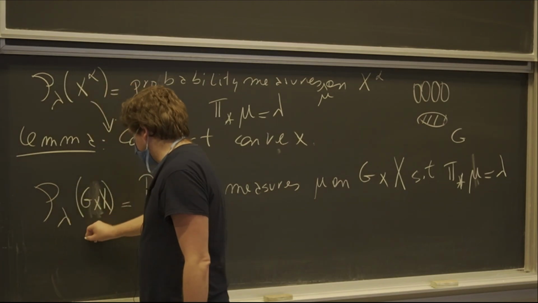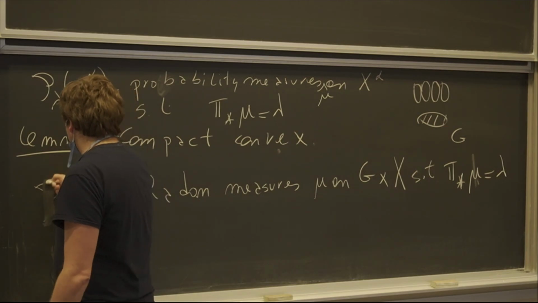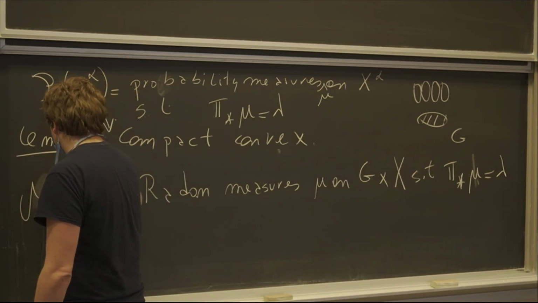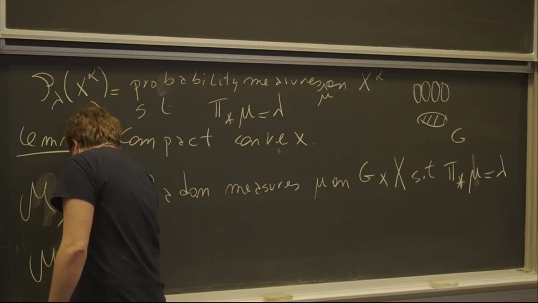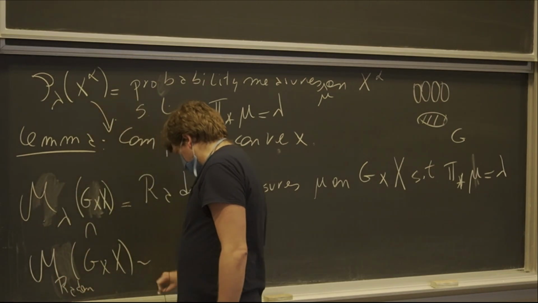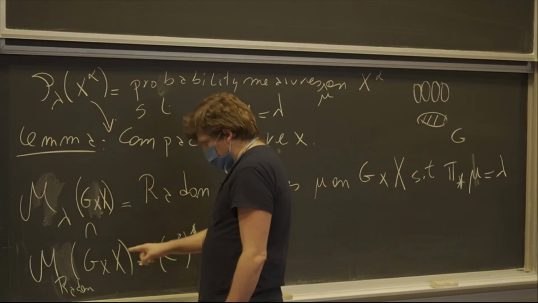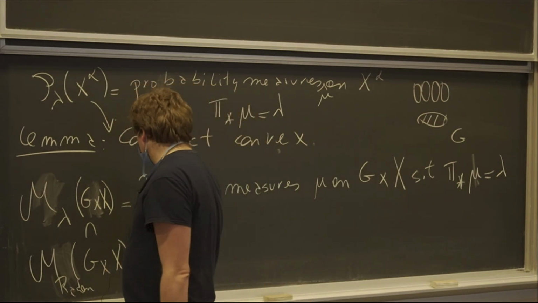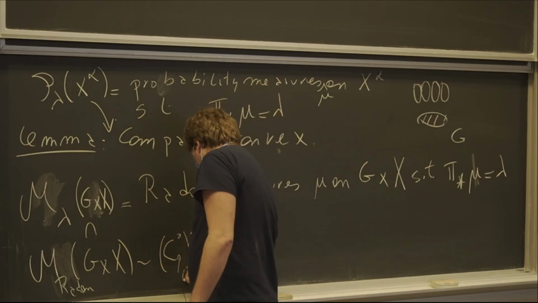This is naturally a subspace of all Radon measures on G times X, which is naturally the dual to C0 on this space. Well, it's not just C0, it's C0 with compact support.